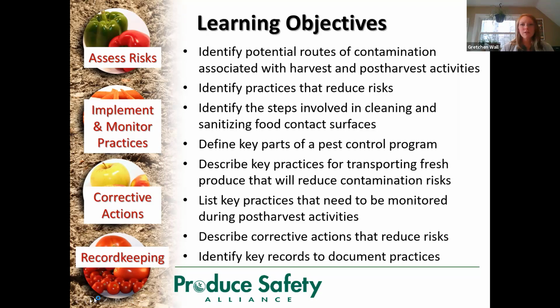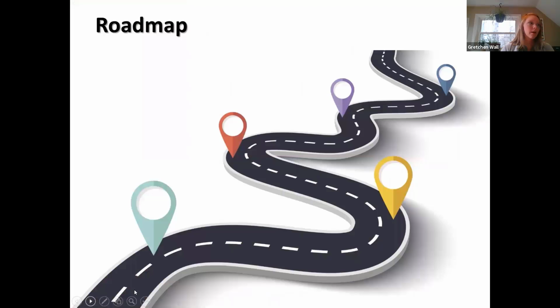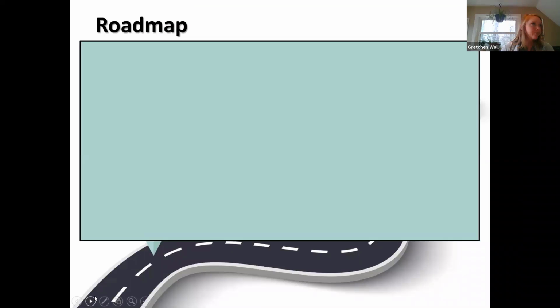So each one of those sections is divided up into what I would consider this particular roadmap, which is actually quite a long roadmap, because as I mentioned before this meeting started, this is the longest module. I think there are 41 slides in this particular module.